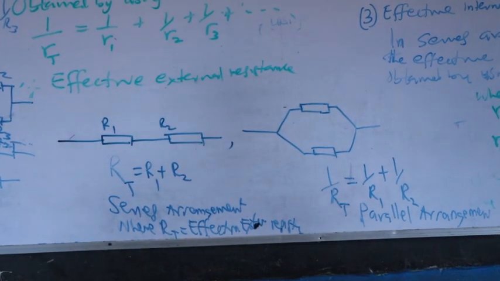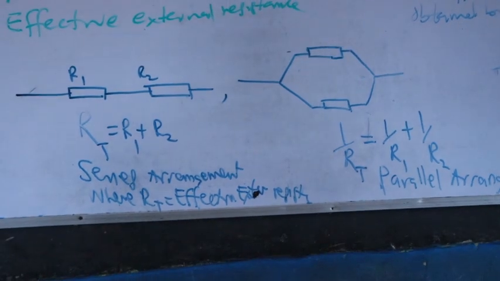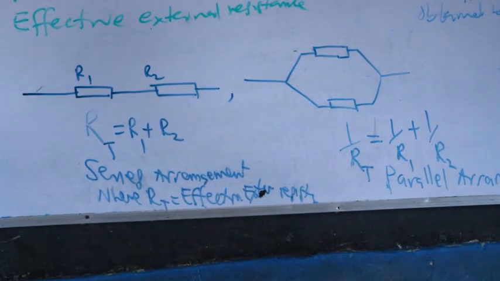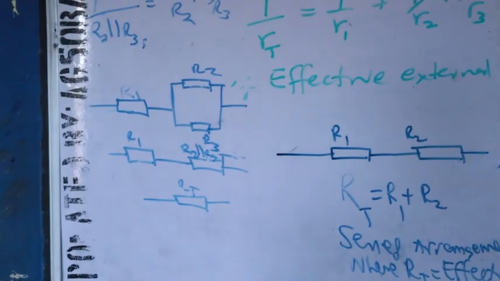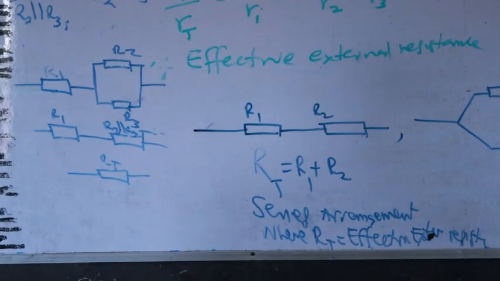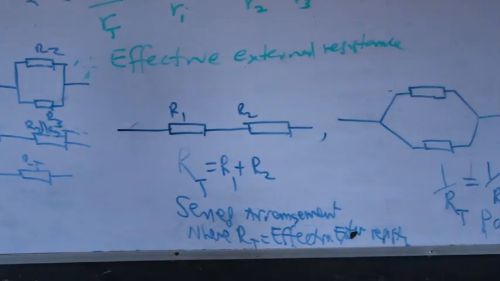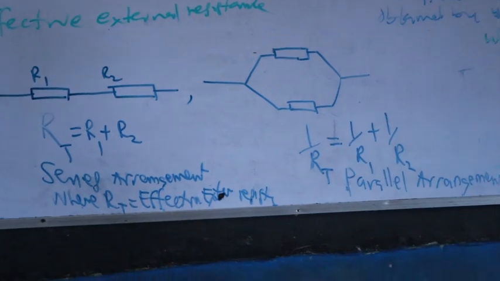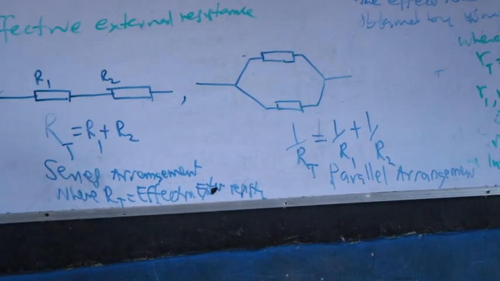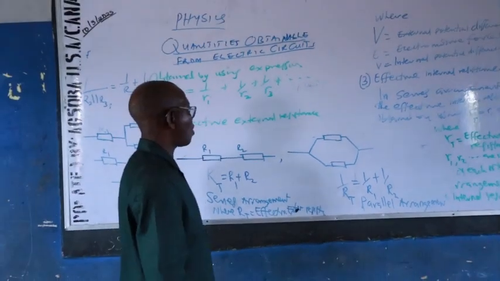It's either we have 3 resistors connected in series, or in parallel, or in mixed arrangement. Is that taken? So that is number 4, effective external resistance. Now 5.